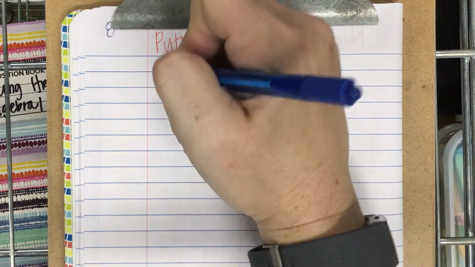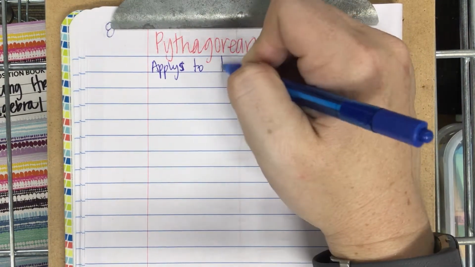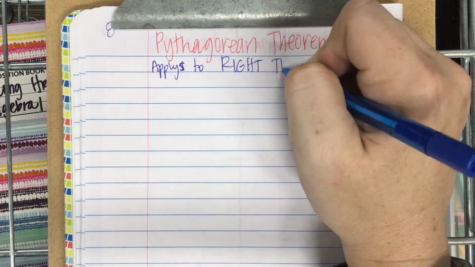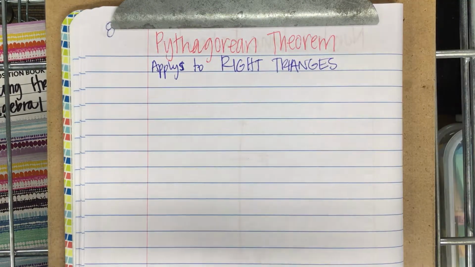The Pythagorean theorem applies to right triangles.